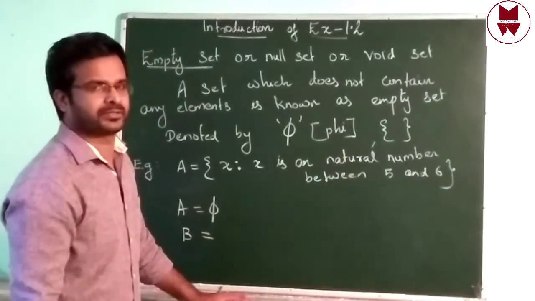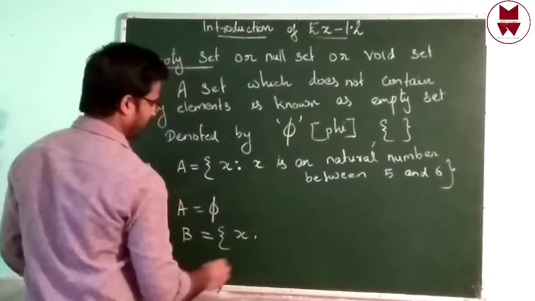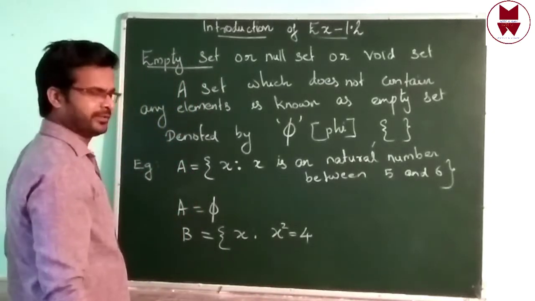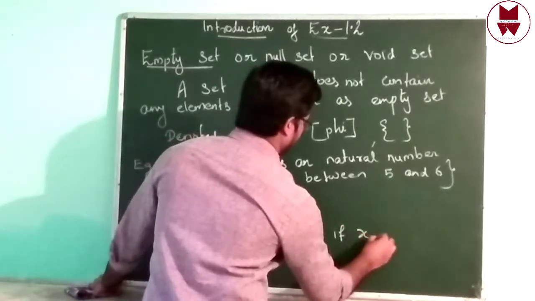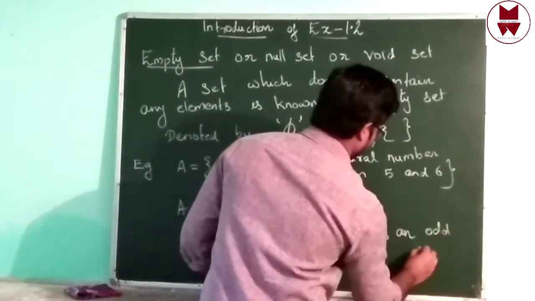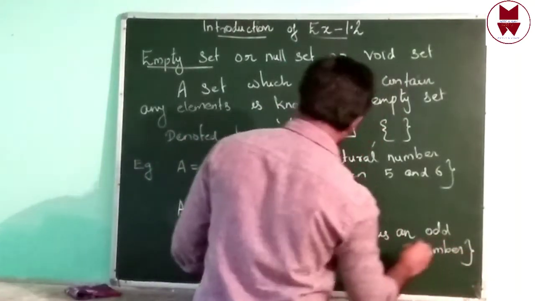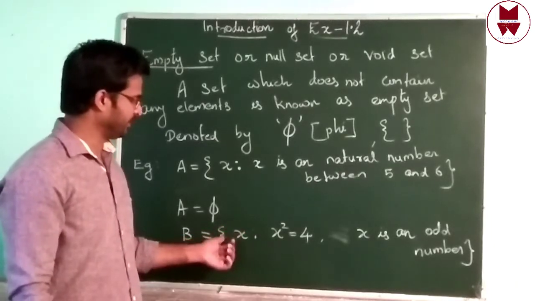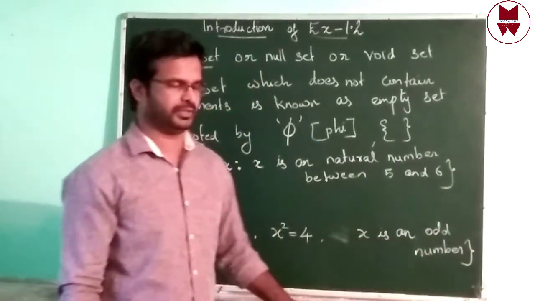Then we can see one more example. x such that x square equals 4. One equation is given, x square equals 4, and x is an odd number. B equals the set of x such that x square equals 4, x is an odd number.